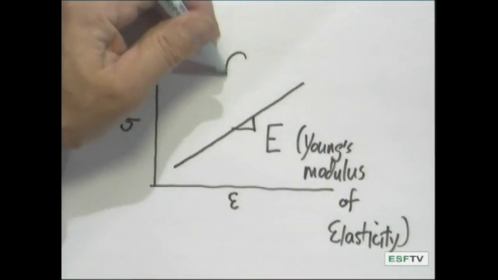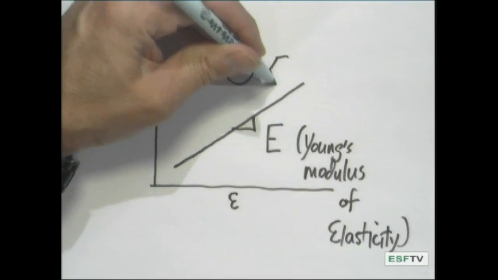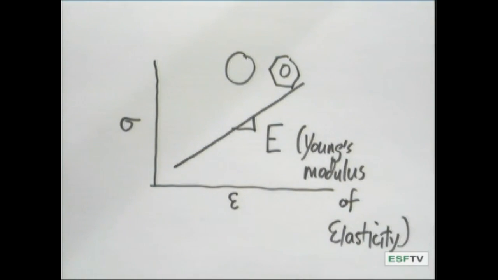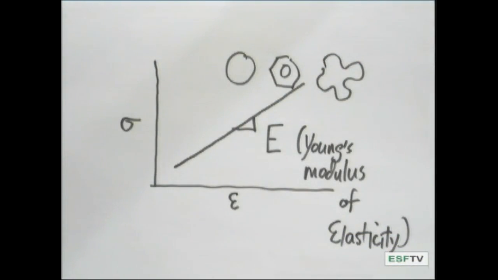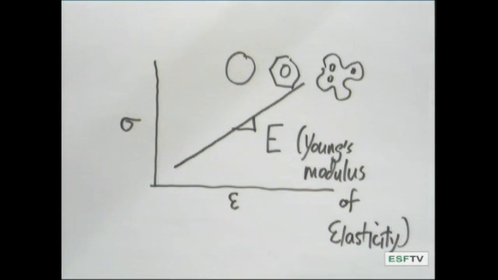This means that if you have an object with a circular cross-section, for example a circular rod, and you compare that with something that has a hexagonal cross-section with a little hole in the middle of it, like our fanoodle here, or some kind of complicated cross-section shape with holes scattered in various places, the same curve will describe the relationship between stress and strain in all of those.